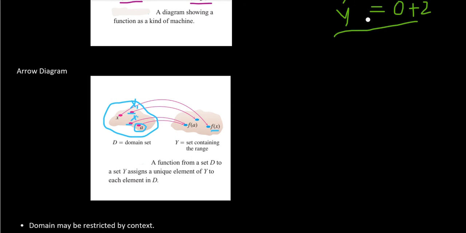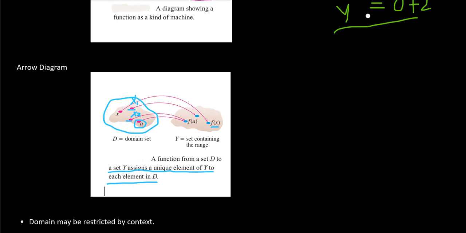But when we put x1 and x2 into the function, we will not get values that are present in our set Y. A function from a set D to a set Y assigns a unique element of Y to each element in D. This is the same as the definition of function. So I hope that it clears the whole definition of a function.